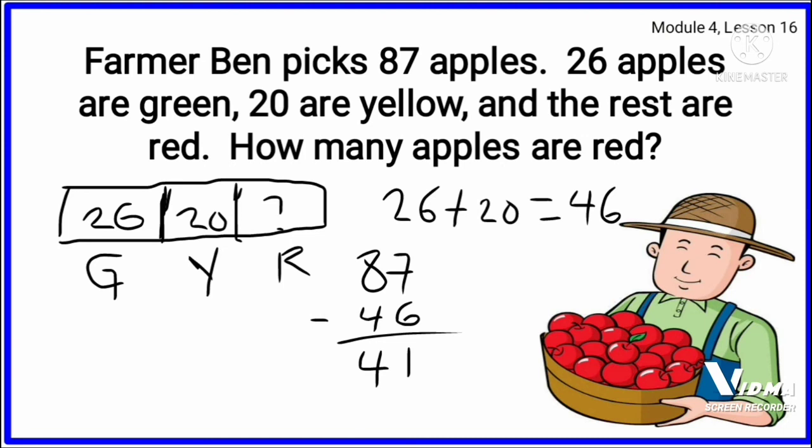You see my tape diagram. The yellow apples are 20. So if we add the green apples and the yellow apples, we have 46. To know the number of red apples, just remove the 46 from 87. I solved it for you vertically. And the answer is 41 apples.